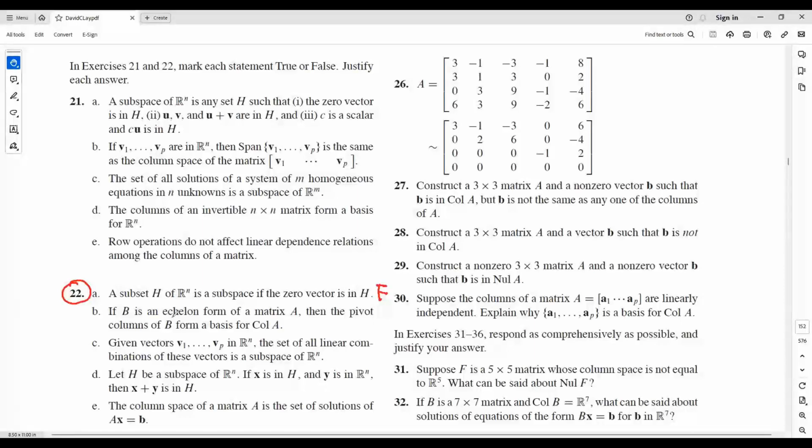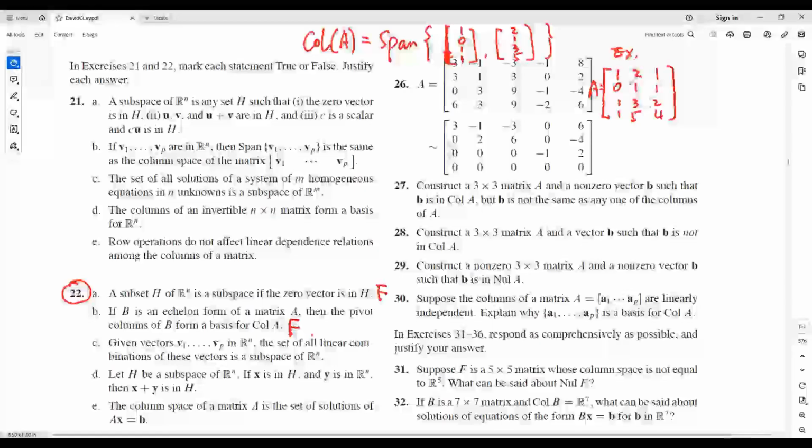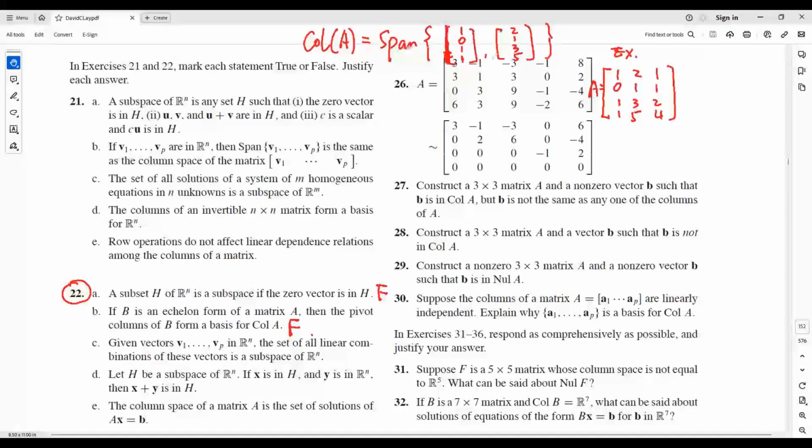B. If B is an echelon form of a matrix A, then the pivot columns of B form a basis for column space of A. False. For example, for the matrix A equals this one, we can verify these 3 columns are linearly dependent, and these 2 columns are linearly independent. So the column space of A is generated by these 2 vectors.